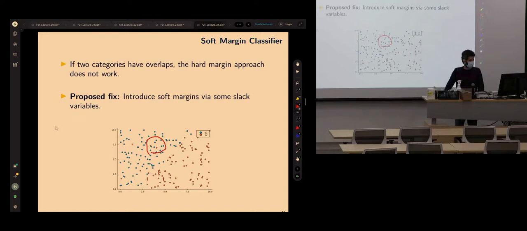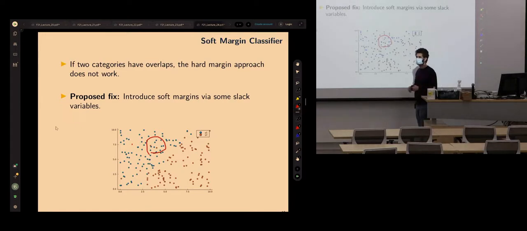Which I've written here, but can you explain what do I mean by this proposed fix? Very intuitively, not mathematically. What do I mean by introducing soft margins, and we're going to call it the slack variables?